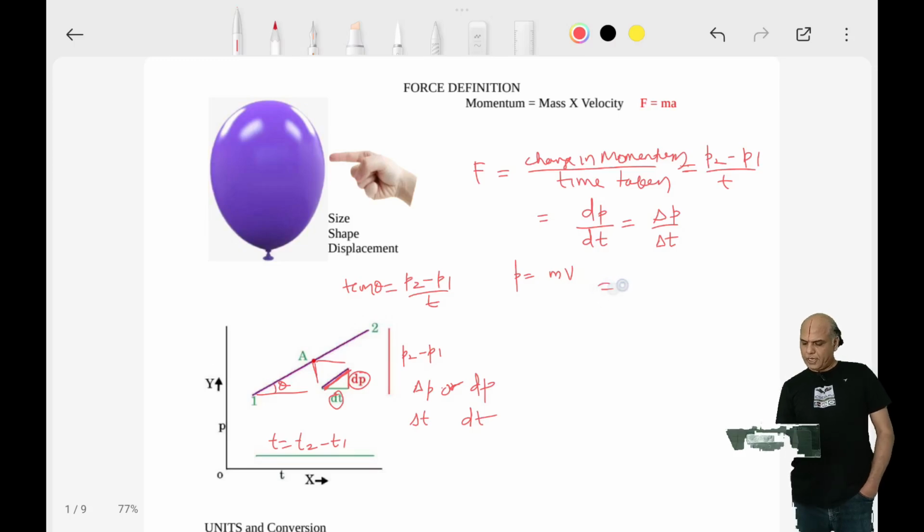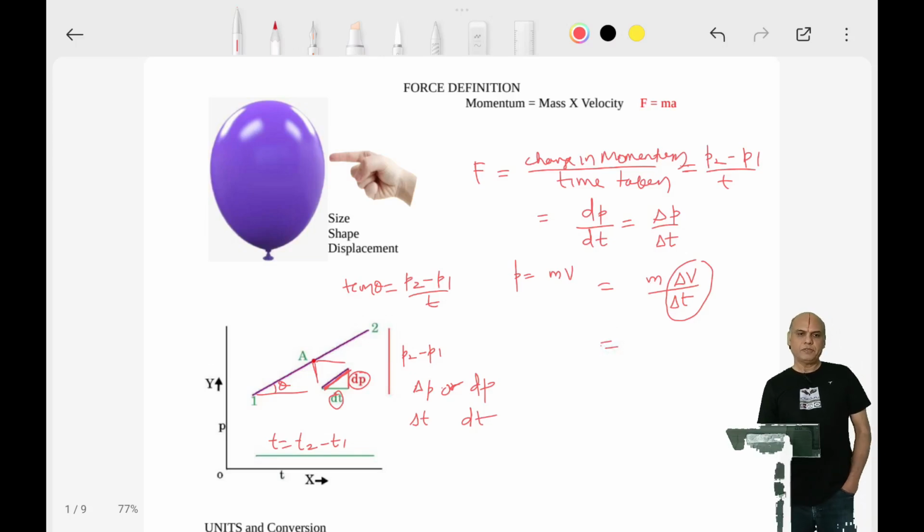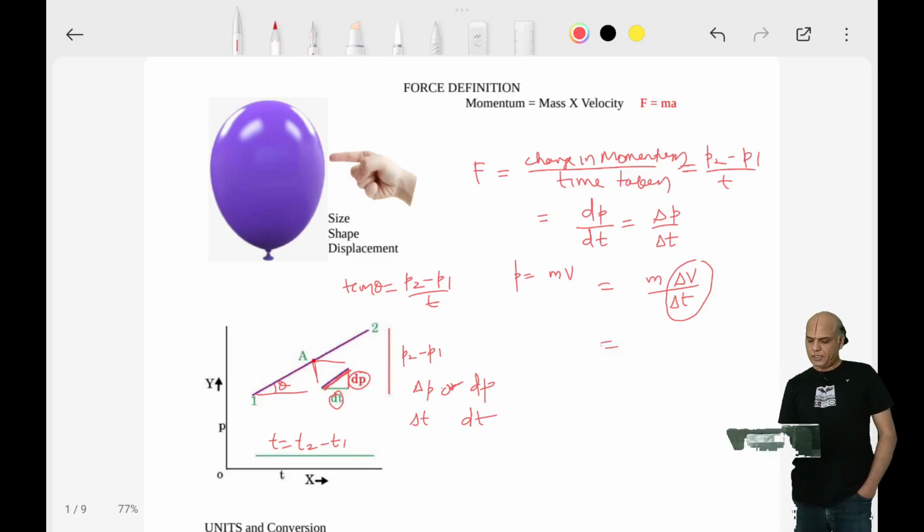So I can write the above equation as mass into delta v by delta t. This delta v by delta t is nothing but the rate of change of velocity, which is acceleration.